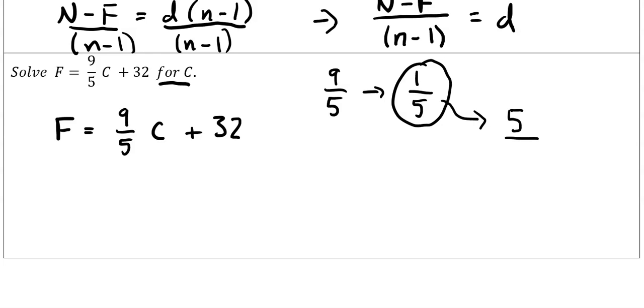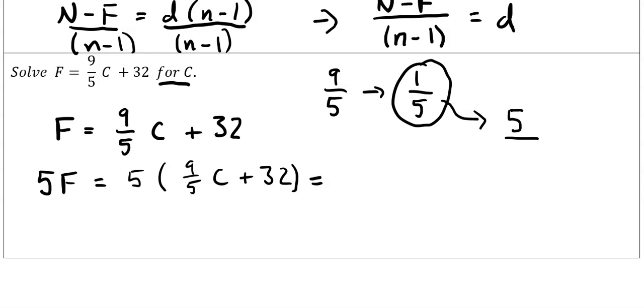So we're going to multiply both sides by the reciprocal of 1 over 5. So we'll have 5 times f, and then we'll have 5 times parentheses 9 over 5c plus 32. Okay, so now we're going to have to distribute this 5 to both 9 over 5c and this 32.